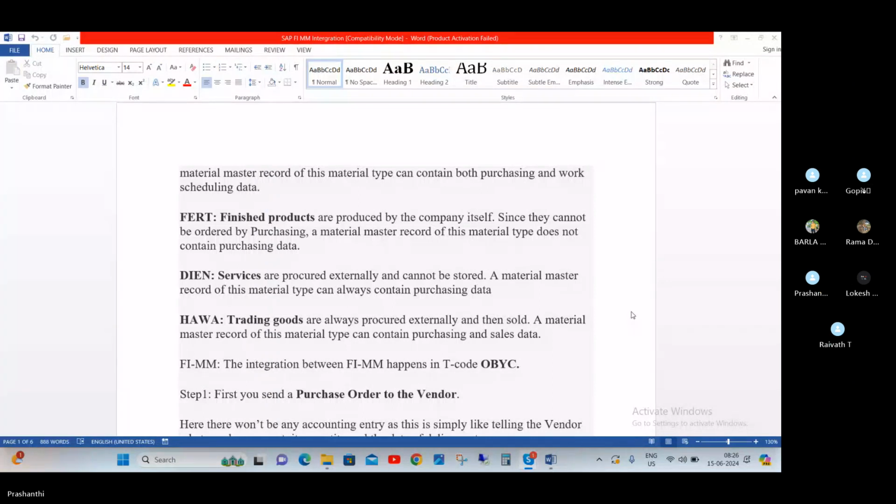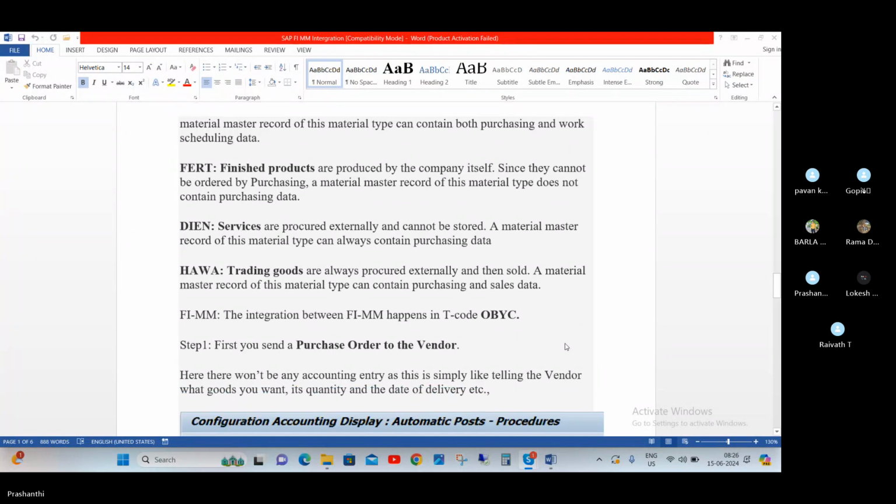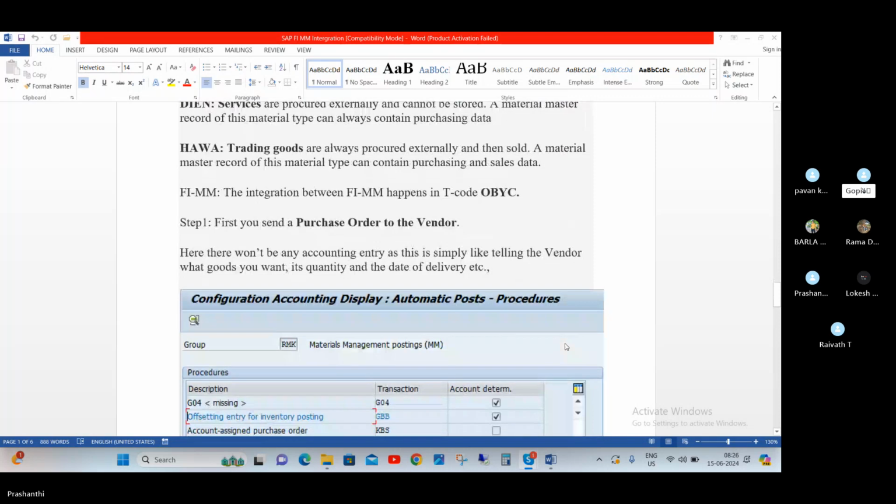A material master record for this material type can always contain purchasing data. Next, trading goods. Trading goods are always procured externally and then sold. A material master record of this material type can contain purchasing and sales data. That's all about material types.